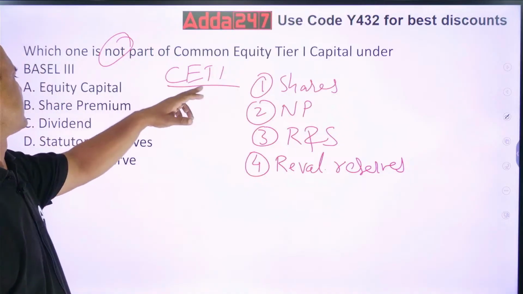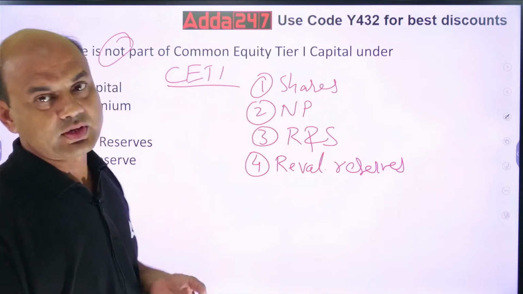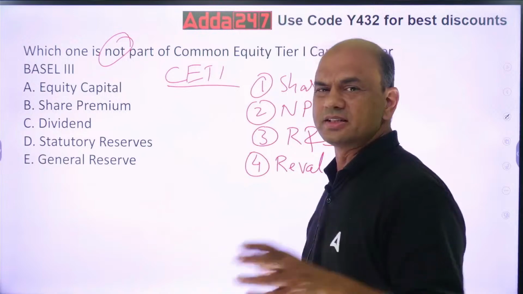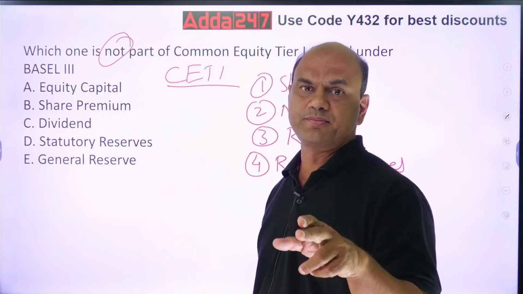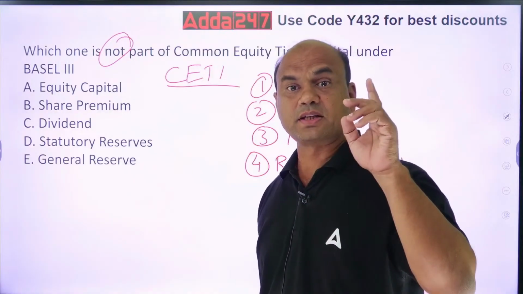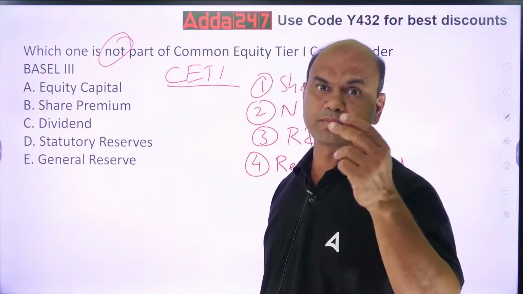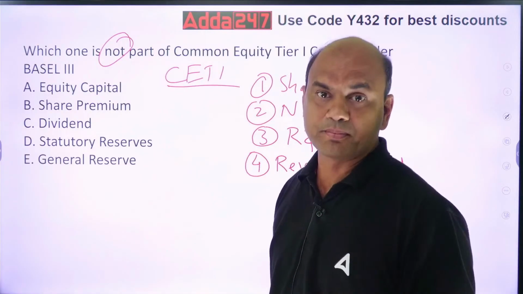Equity capital, so shares are there. Share premium: premium means the extra amount which you get over the face value. Let's say the Reliance share. Reliance share face value is 2 rupees, but the price of Reliance is around 3000. The difference, 3000 minus the 2 rupees face value, is known as the premium.